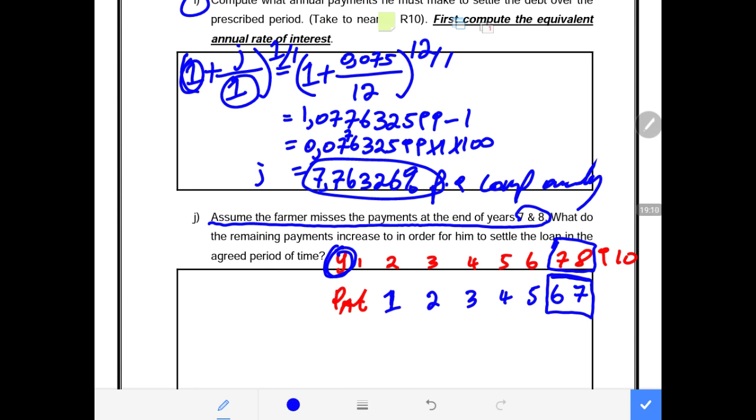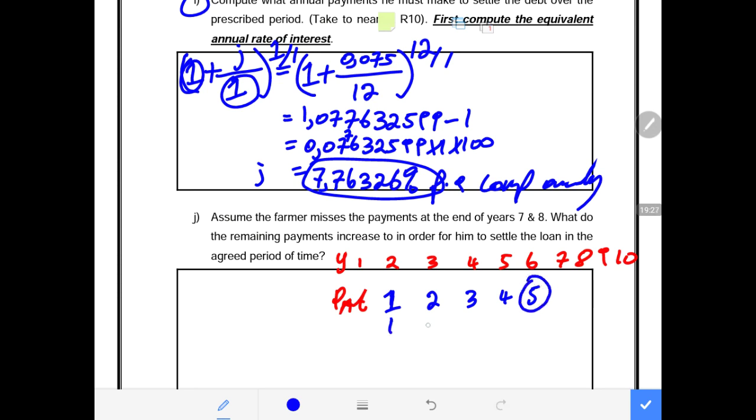So that means when we are using mod, in other words, we need to know the balance after the fifth payment was made. We need the balance after payment number 5, which is payment number 1, 2, 3, 4, 5, which is after year 6. In other words, that's what we need. And year 6 is the fifth payment. So please guys, highlight that one.